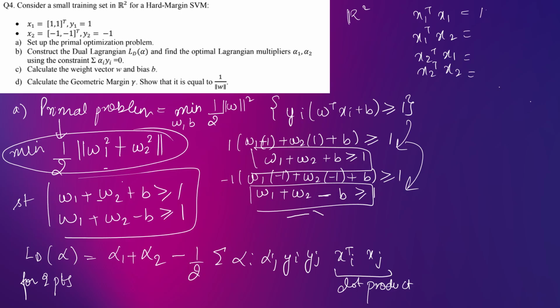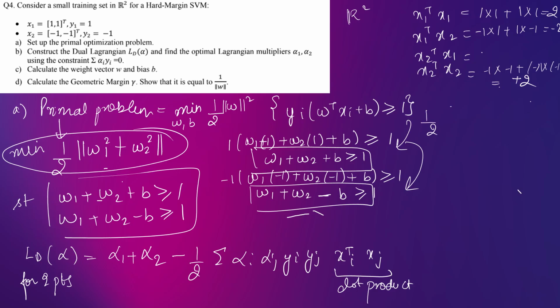On calculating them, we'll get 1 into 1 plus 1 into 1. This will be 2. Minus 1 into 1 plus 1 into minus 1, minus 2. Then similarly, minus 1 into minus 1 into minus 1, you'll get plus 2. Now you'll start putting in the values.